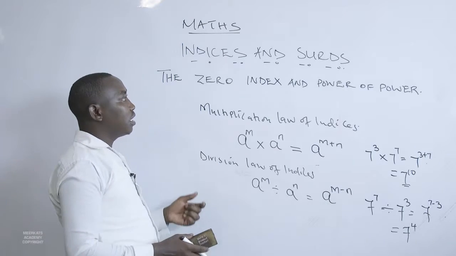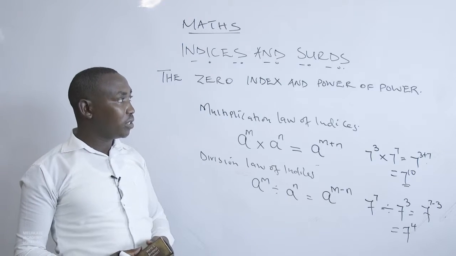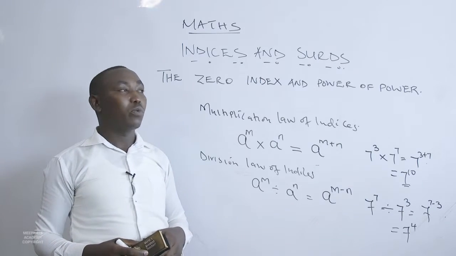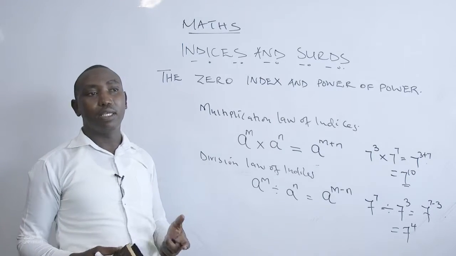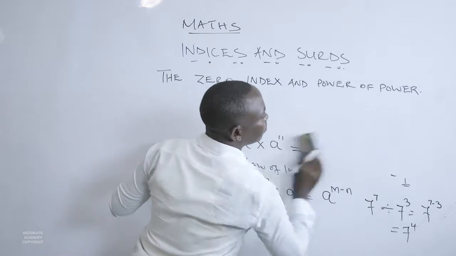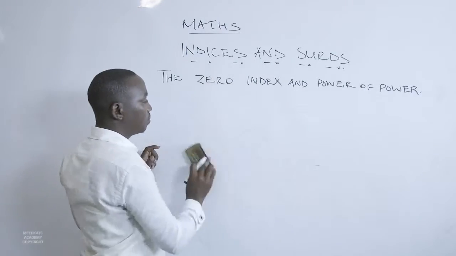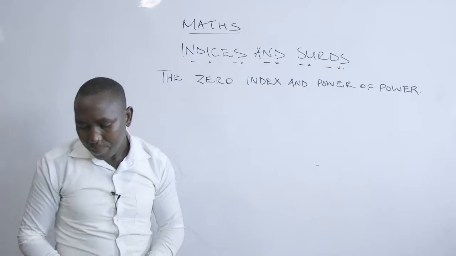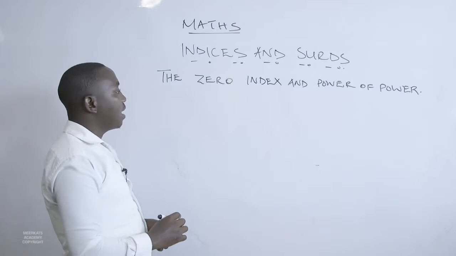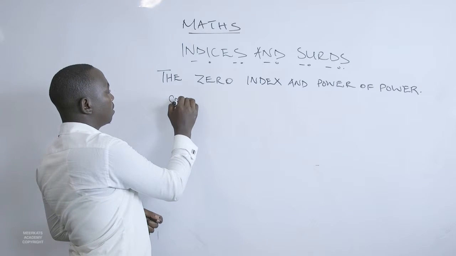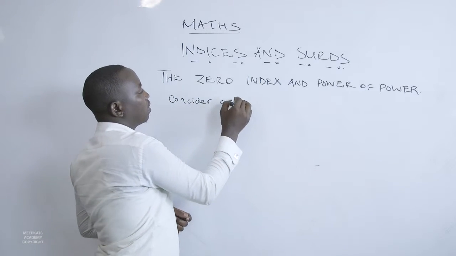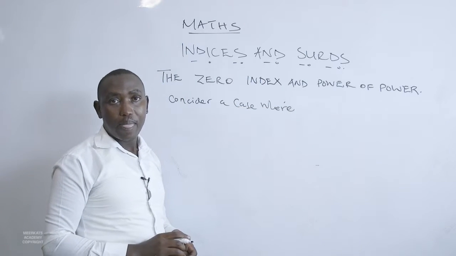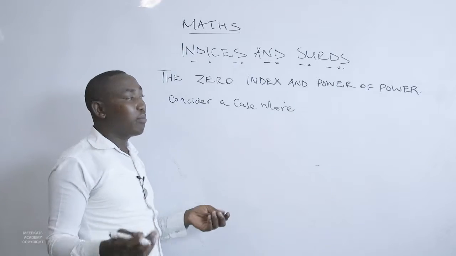So that was it. Today we want to look at the zero index and the power of another power. What happens when you are given such cases or such scenarios? First, let us consider a case where we have a power of another power.